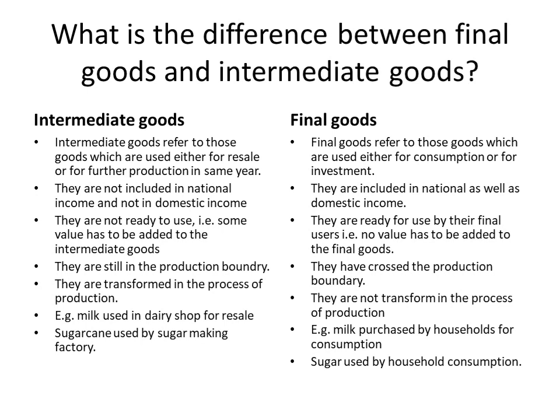For the best understanding, take examples from your day-to-day life, and you will never get confused. Here we can see in intermediate goods that milk is used by the dairy shop for resale, or milk is used by sweet shops to make various varieties of sweets. That will be an intermediate good because they are transforming it in their process.